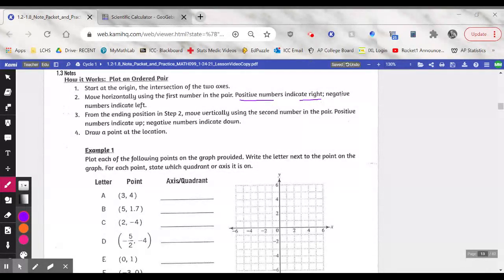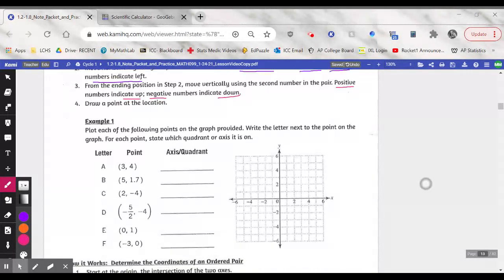If your first number in the ordered pair is negative, you'll move to the left. The second number is going to tell you how to move vertically. So if your second number is positive, that will indicate that you go up. If it's negative, that will indicate that you go down. And then you'll just place a dot at that location.